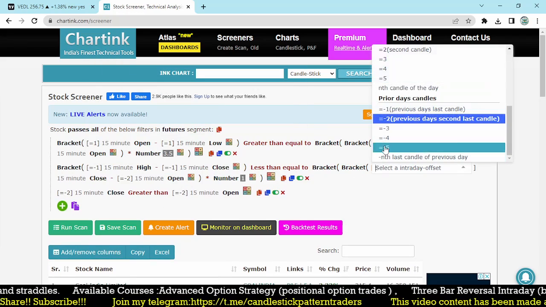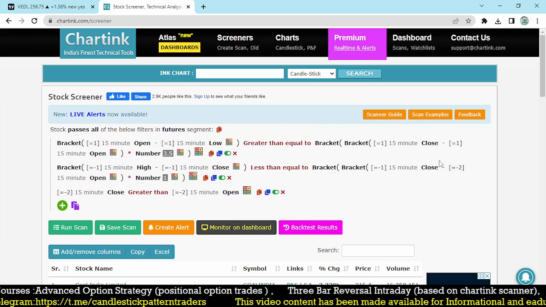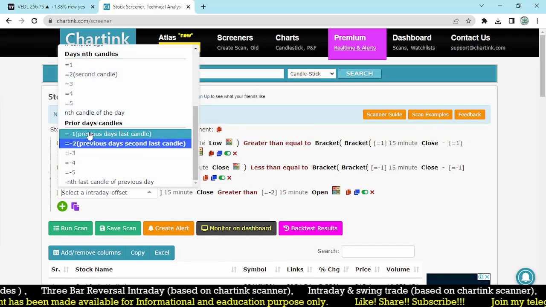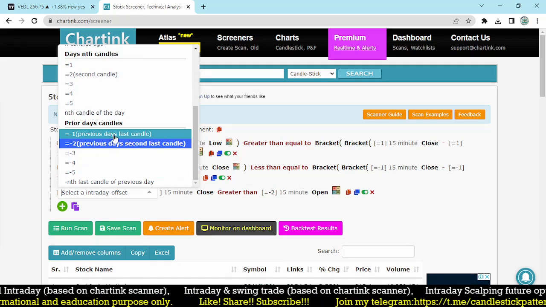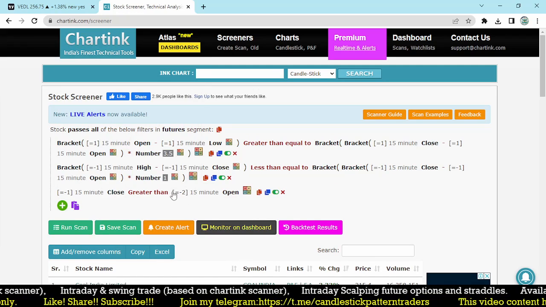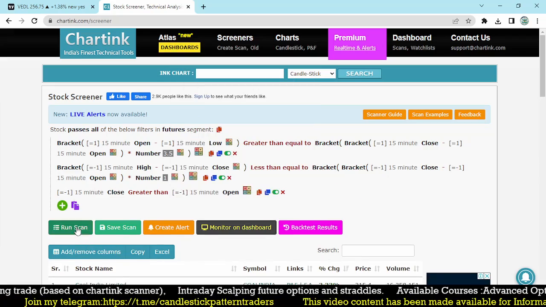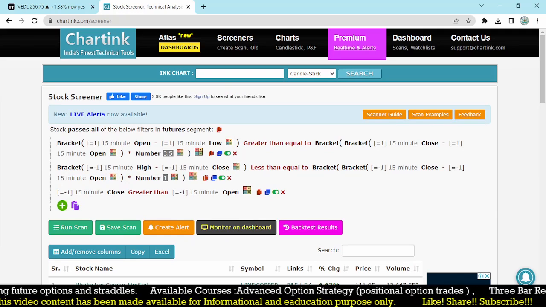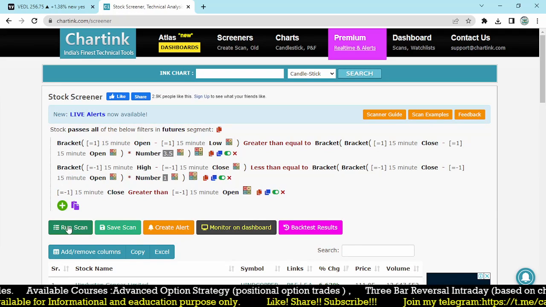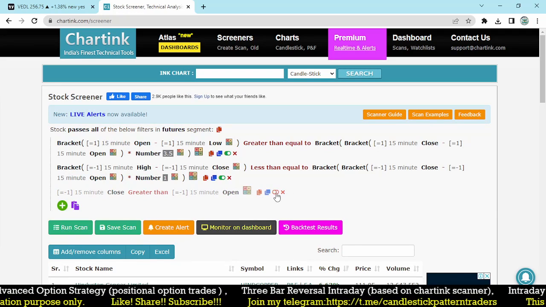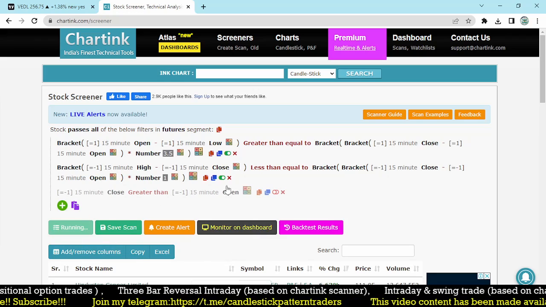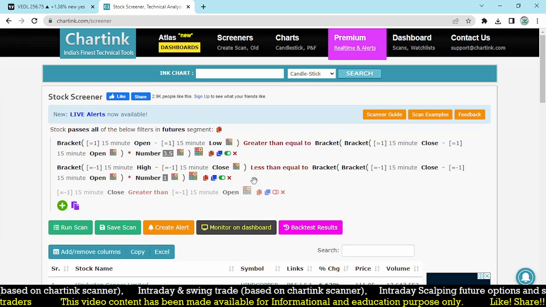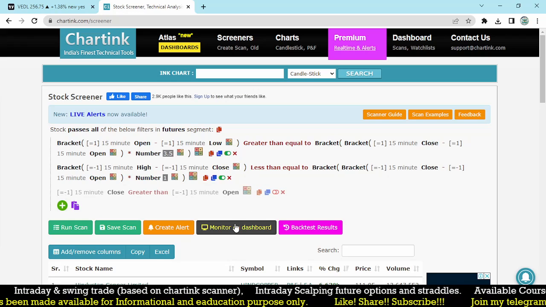Let me run the scan. It became this many stocks. Something changed here. Let me check where we made the mistake.